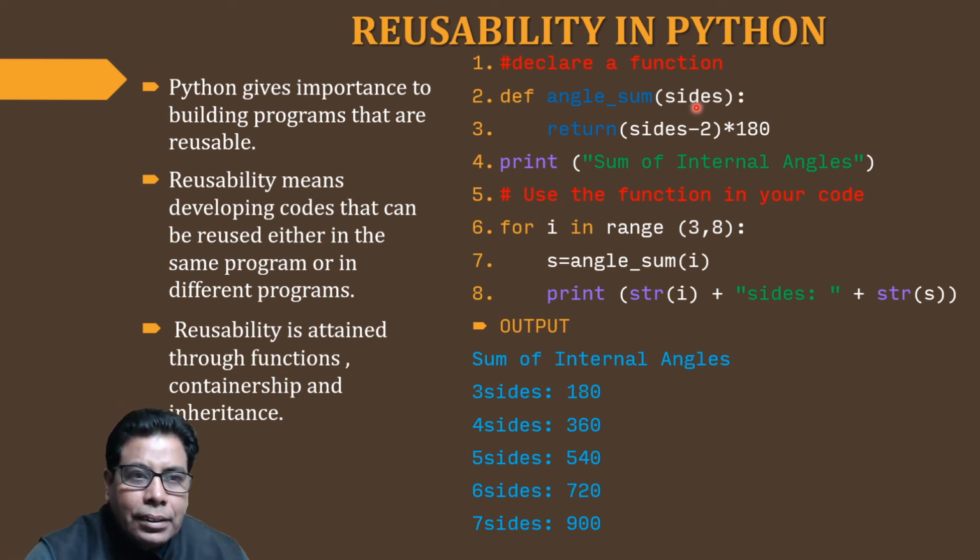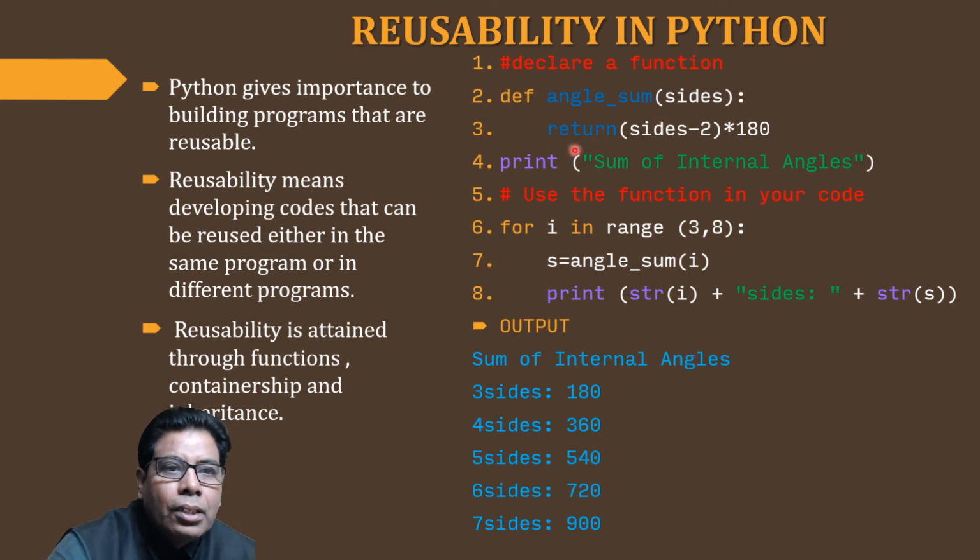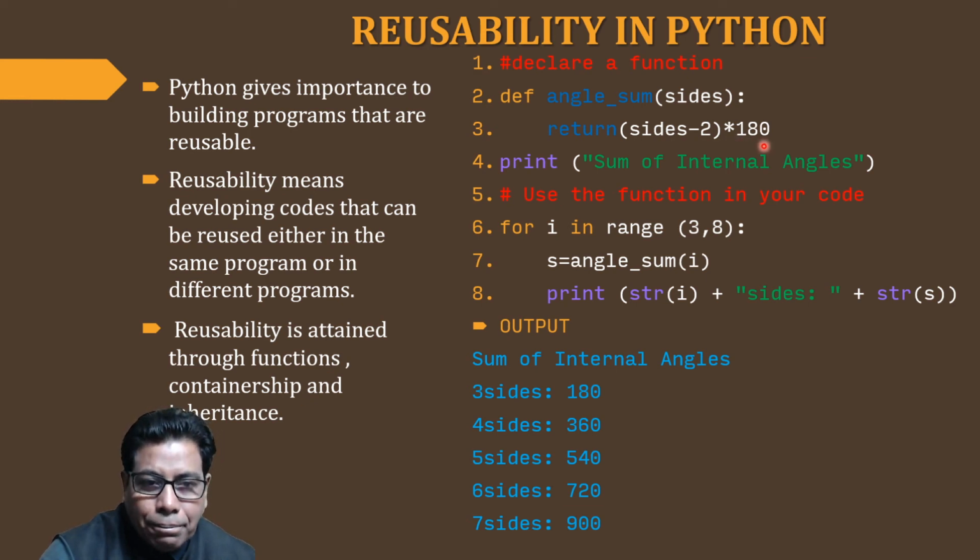So let us see how it is written. First we write def, to define angle_sum. This is the name of the function, and the argument we are passing is sides, and then it will return (sides minus 2) multiplied by 180.